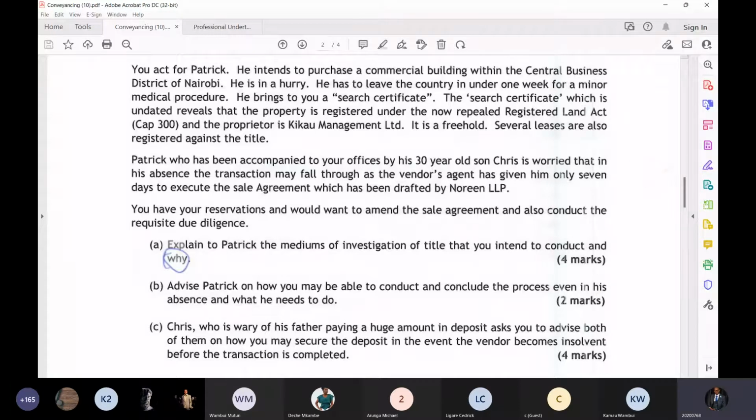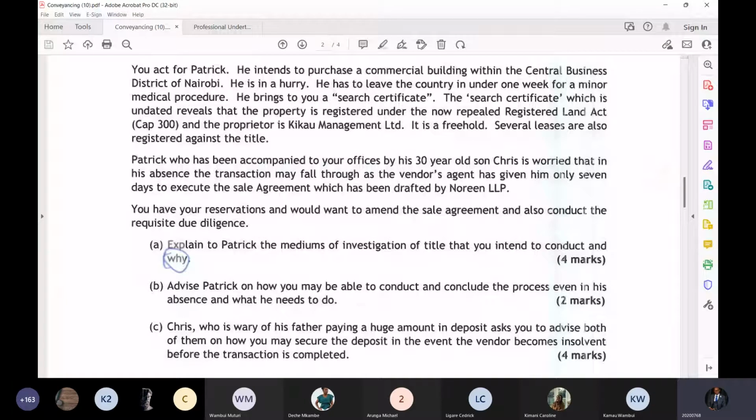I think because it's an LLP, and from our commercial law transactions class, we said the registry for both LLP and companies is the same, and that's the company registry. But that's just a guess. I'm not so sure, but I think you would probably go there.